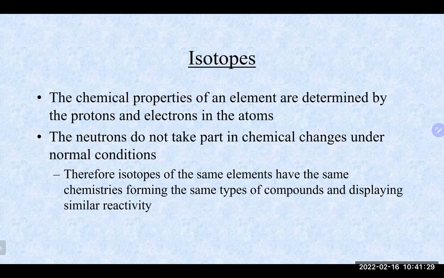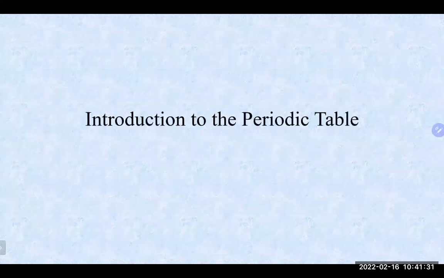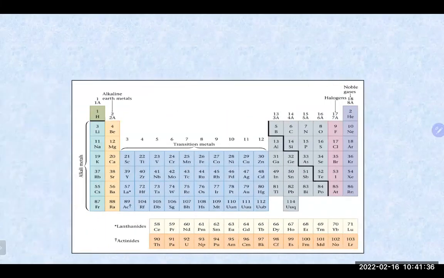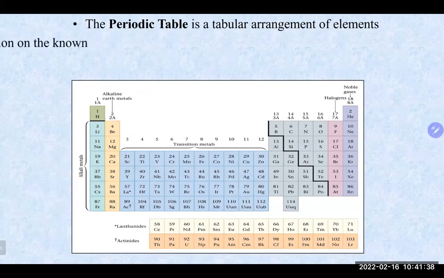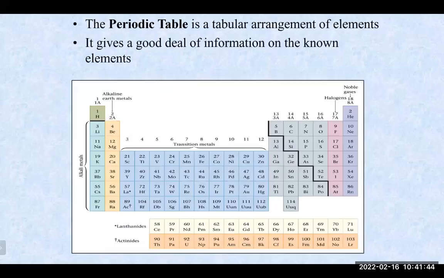Okay, we're then going to talk about the periodic table. The periodic table obviously is our arrangement of elements. It gives a good amount of information about the different elements.